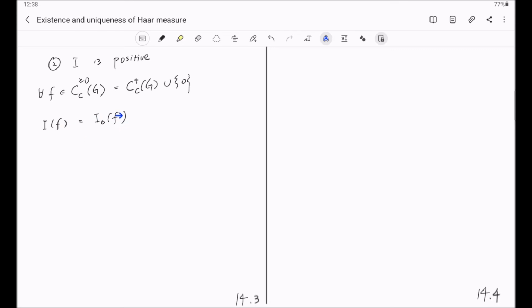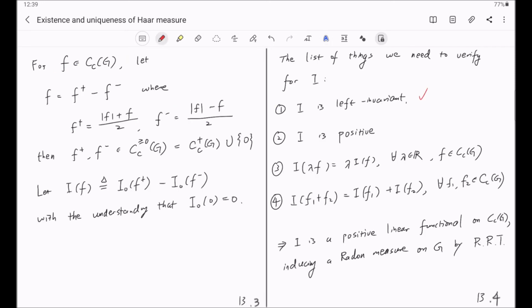This is also true for the case when f is 0, because by our convention we have I0 of 0 equal to 0. So, in any case, because I0 of a non-negative function is always non-negative, we have I of a non-negative function is non-negative as well. This proves the positivity of I. So we have verified the second property.